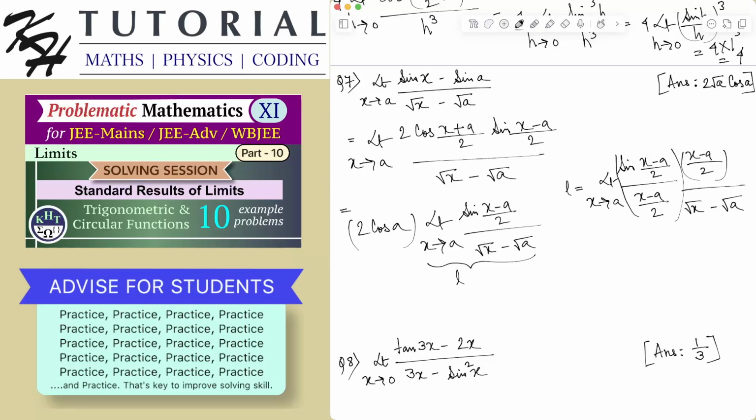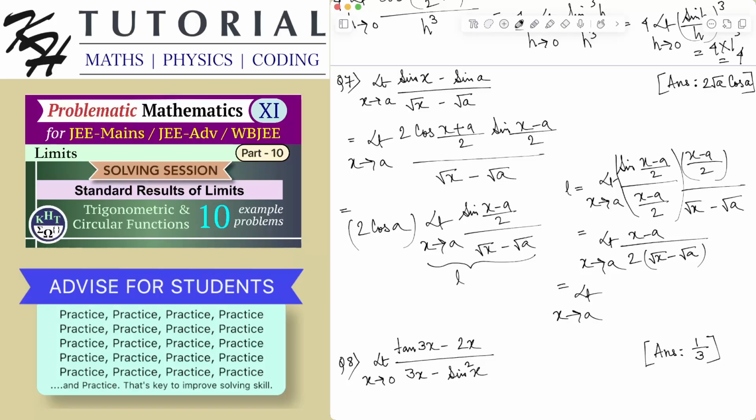So the limiting value of sin((x minus a) by 2) divided by (x minus a) by 2 will be 1 when x tends to a. So this becomes limit x tending to a, (x minus a) divided by 2 into (root x minus root a). Let's factorize the numerator.